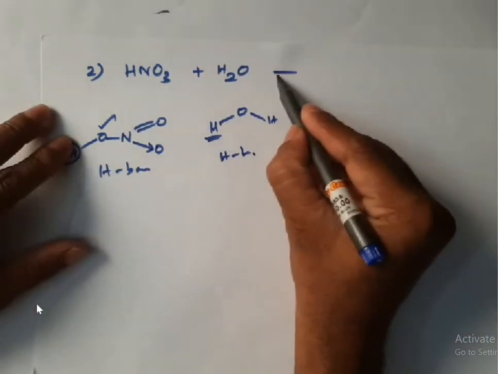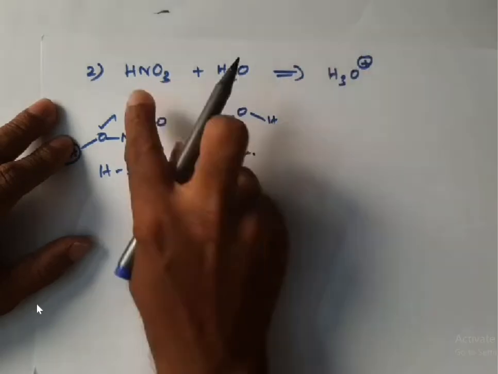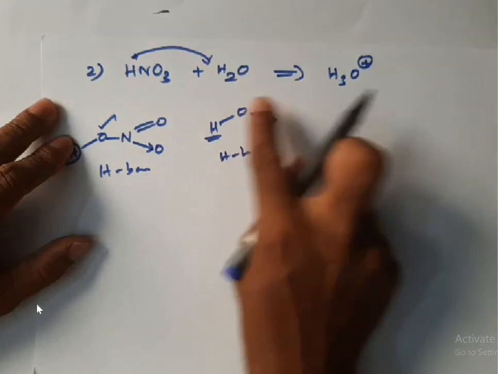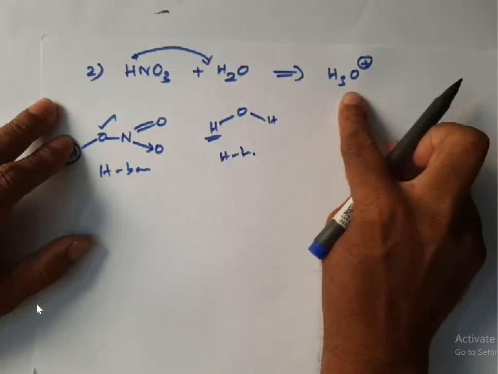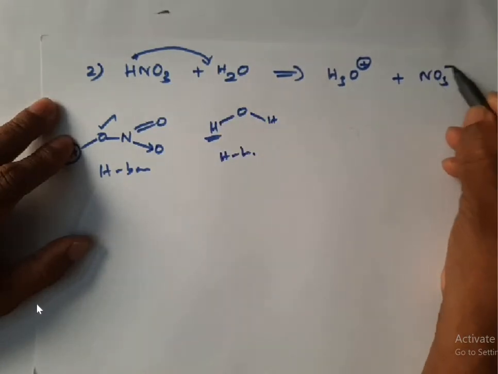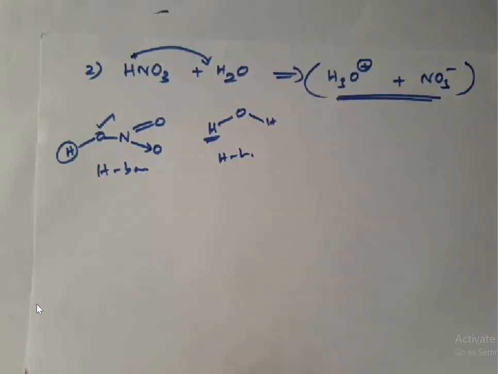But if you mix them, I will get H3O plus ion. Nitric acid donates this hydrogen as H plus to the water molecule. So the water molecule gains the H plus and becomes H3O plus, and I'll get NO3 minus ion. So I'll get ions now. Ion-ion attraction is very strong. Therefore, you will get a solution with negative deviation.